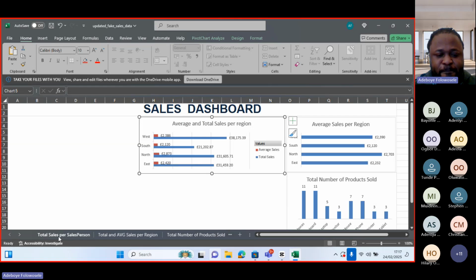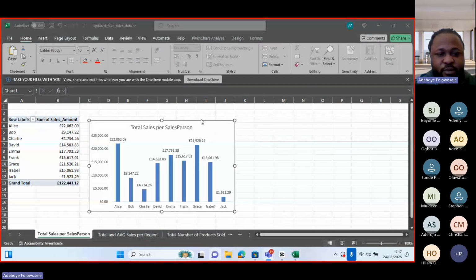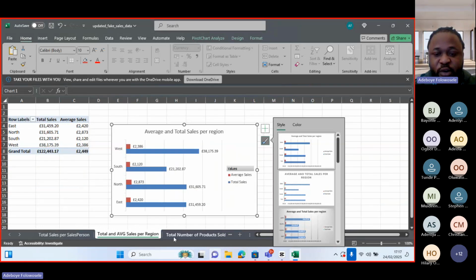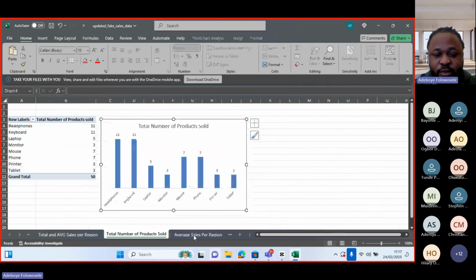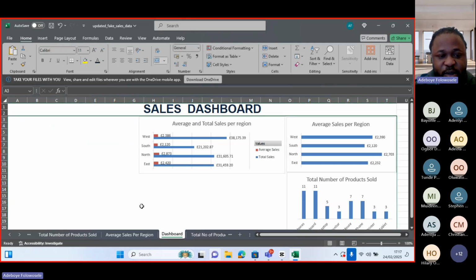Then here we have total sales per salesperson. So that is why I call it a sales dashboard, because most of the things we are doing, it's all about sales, sales, sales. So I have to click out first, then paste it.